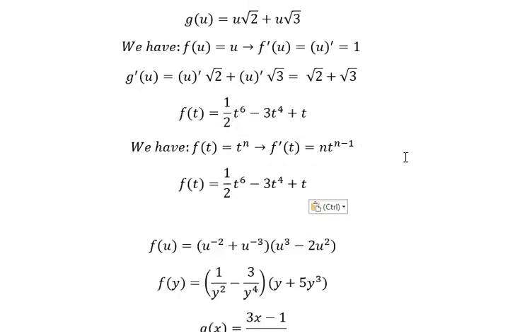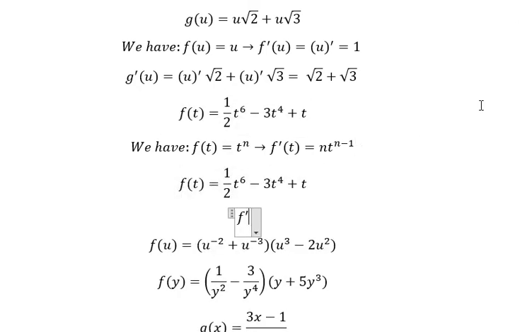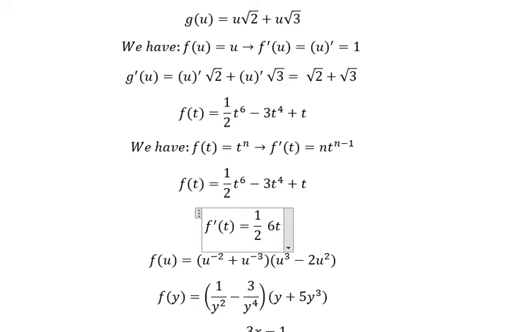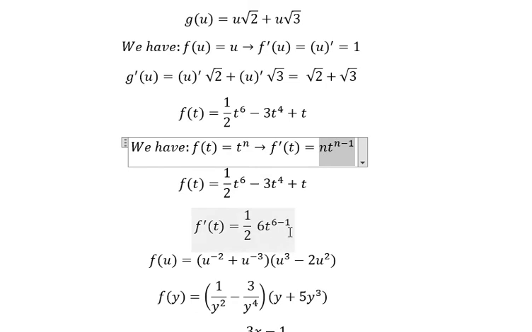So if we do first derivative, so number 6 in here, we will have 6 multiplied by t to the power of 6 minus 1. We just apply the formula in here.